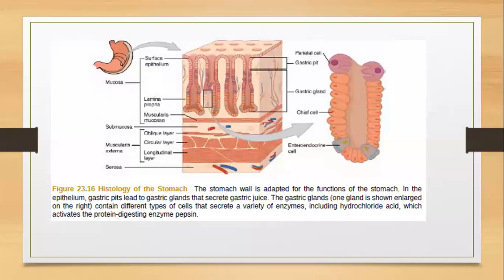Now, vitamin B12 is normally used in the synthesis of red blood cells. It is a factor that is required for generating mature red blood cells. So when you do not have vitamin B12, you end up becoming anemic.